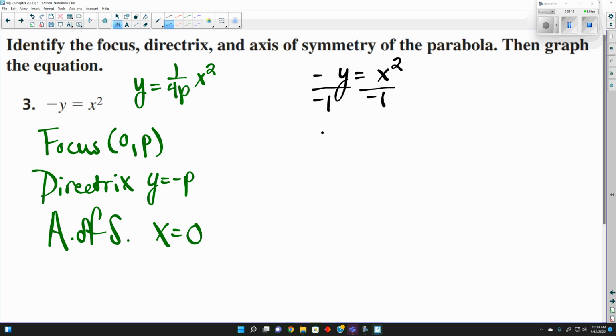If we divide both sides by negative 1, we'll get y is equal to negative x squared. What's the number in front of x squared? Negative 1. So the number in front of our x squared is negative 1, and it's taking the place of what? 1 over 4p.